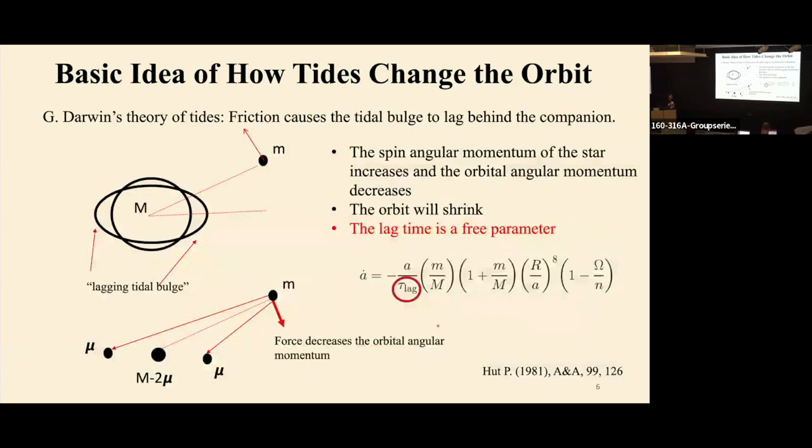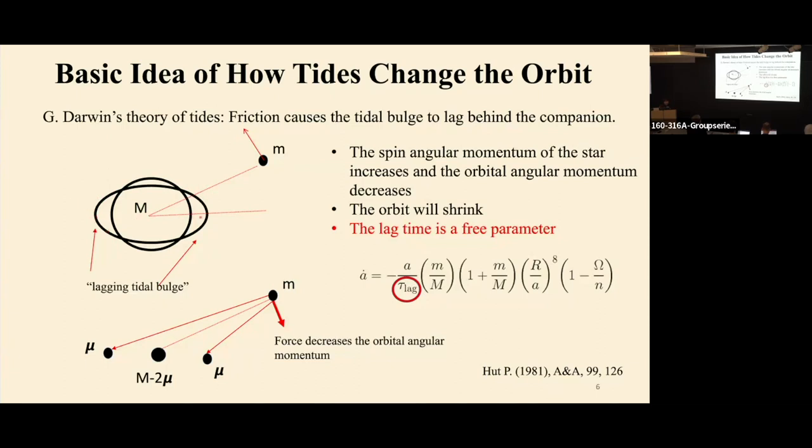People's study of tides dates back more than 100 years, starting from George Darwin's theory of tides. Let's focus on this cartoon plot on the top. Here the big circle represents the primary star, and because of tides, friction causes the tidal bulge to lag behind the companion.